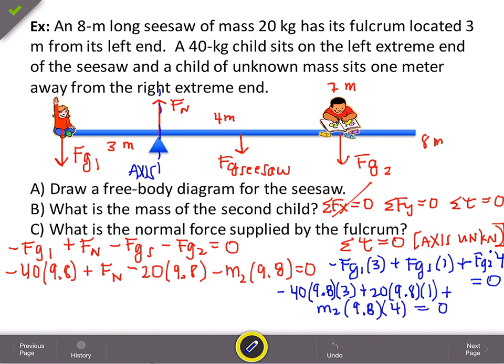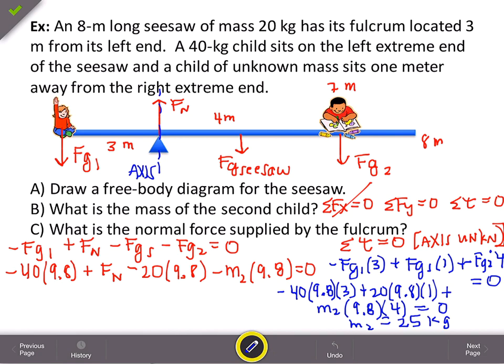What do you know? Since I put my axis on my fulcrum, the only unknown here is M2. M2 is 25 kilograms.